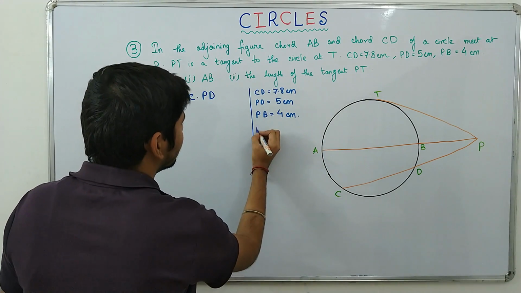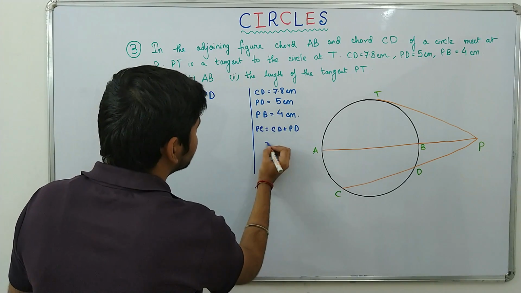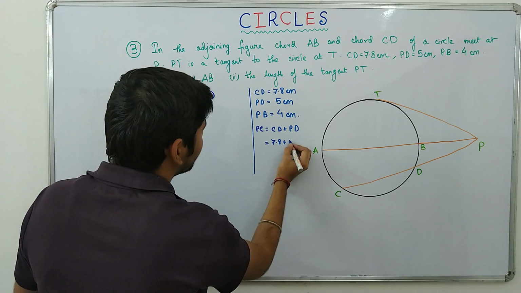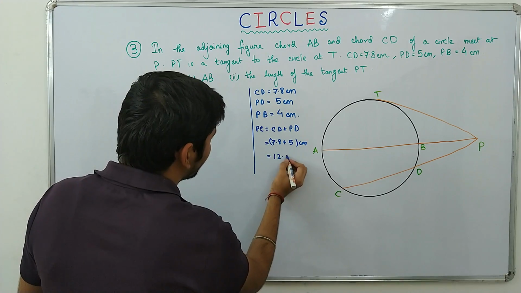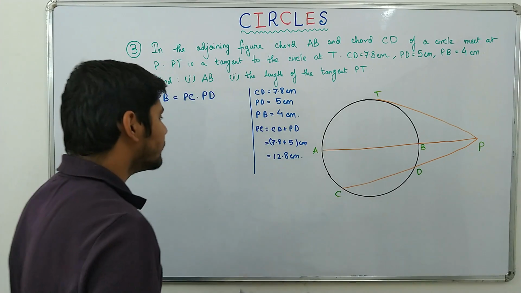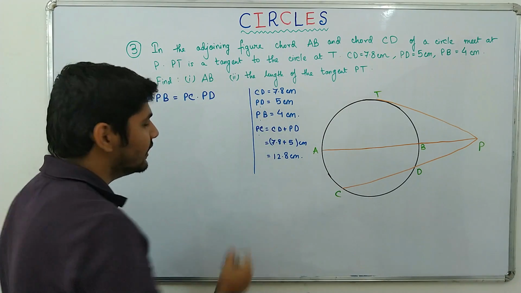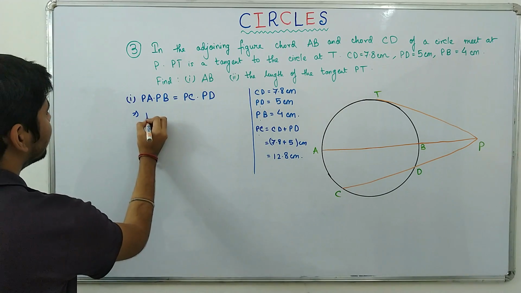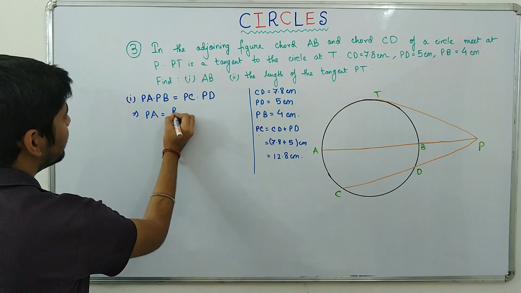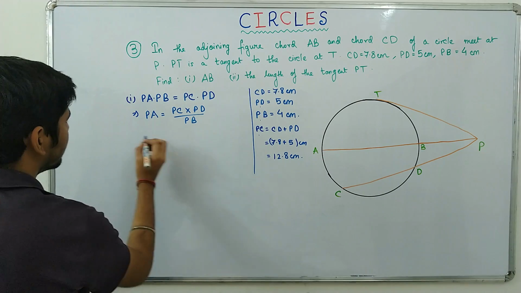So let's do that. So PC is equal to CD plus PD, which is equal to 7.8 plus 5 centimeter, which is 12.8 centimeter. So we know PD, we know PB, we know PC. So we have to calculate PA.